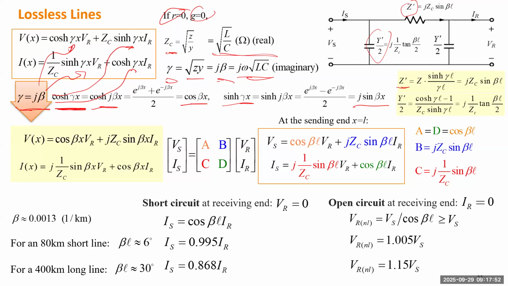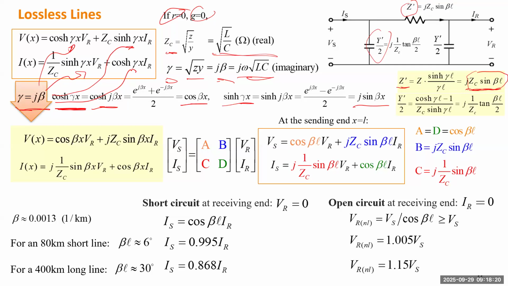So the Z prime, which is the corrected total impedance of the line, now becomes j times ZC times sine beta L. So that becomes just a purely imaginary number. It just reflects the equivalent total reactance of line. So ZC times sine beta L represents the total inductive reactance of the line.